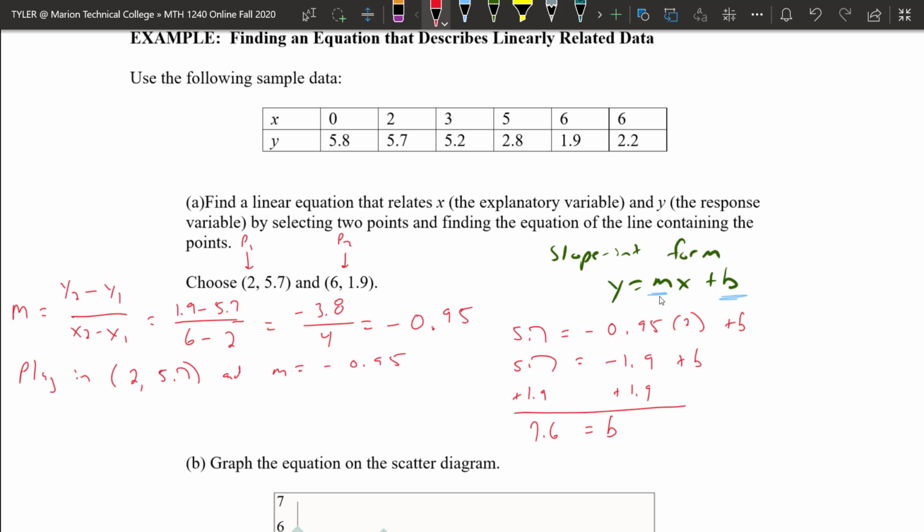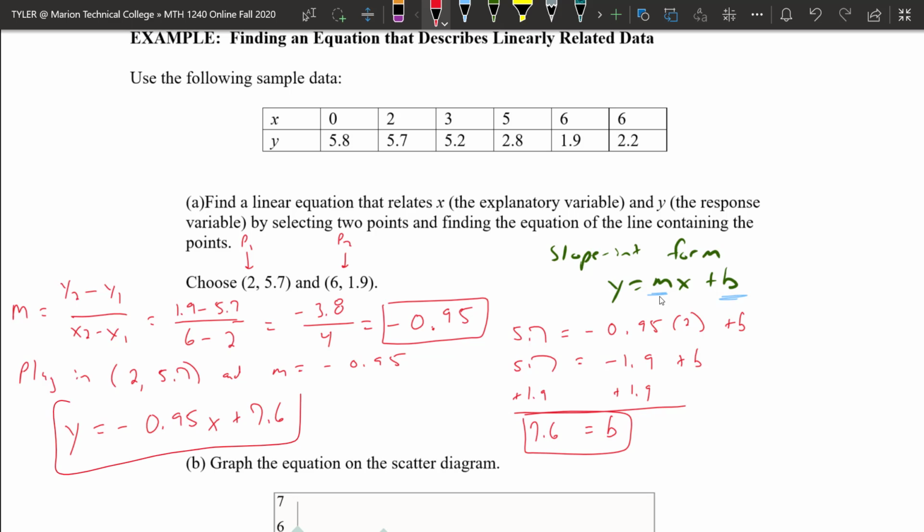Now that I know the slope and the y-intercept, I have the equation of a line. The equation is y equals negative 0.95 x plus 7.6.